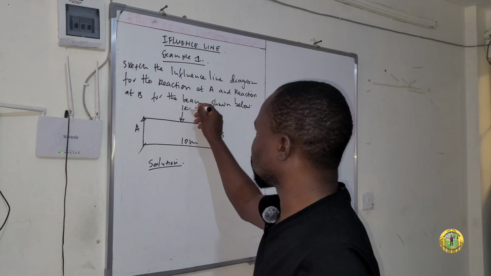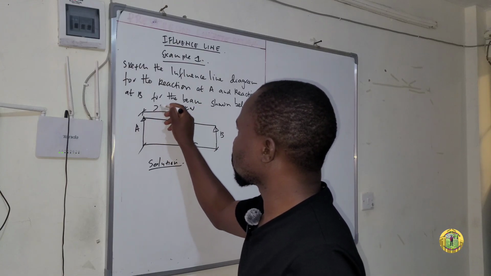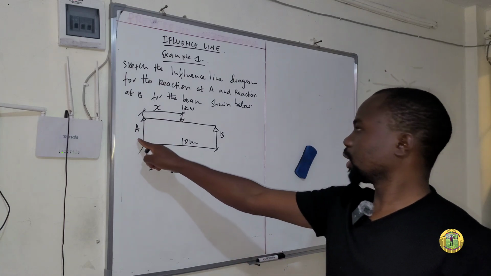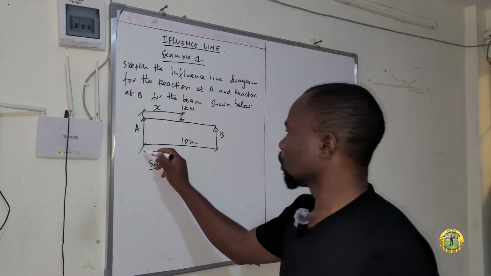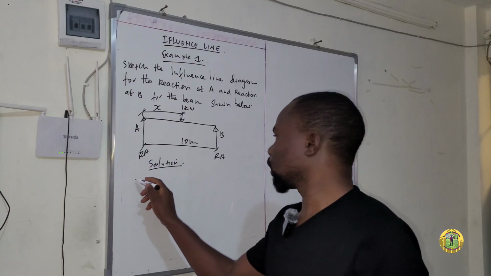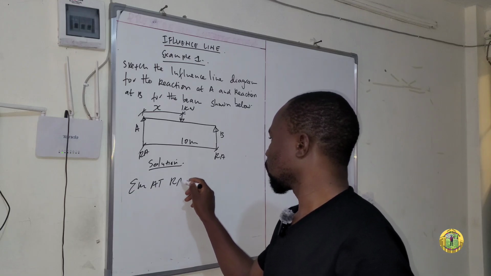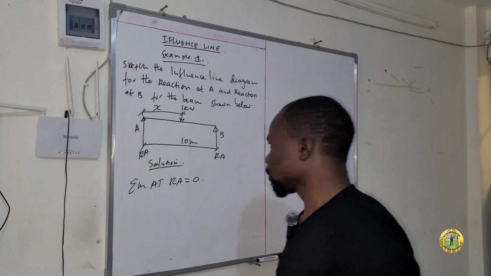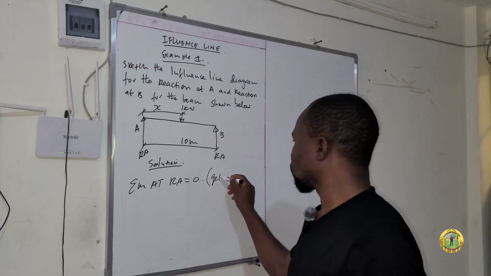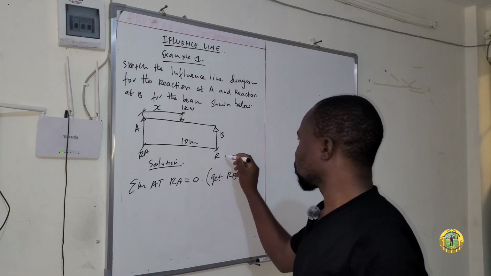This is 1 kilonewton and it is at distance x from A. Now, to get reaction A and reaction B, you will use the equation summation of moment at RA is equal to 0. This will help you get RB.